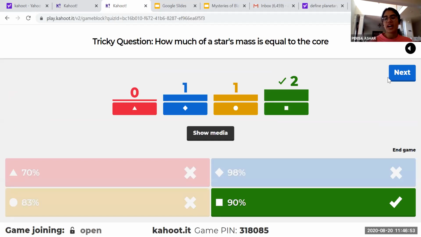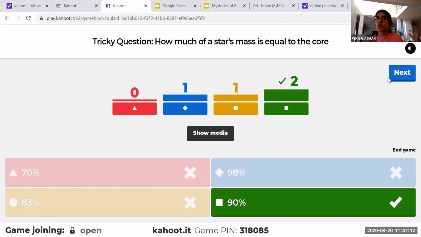A lot of you guys guessed 90%, which is perfect, because if you remember the first question of our Kahoot, most of the nuclear fusion, of hydrogen atoms becoming helium atoms, which ultimately sustains the star, occurs at the star's core.